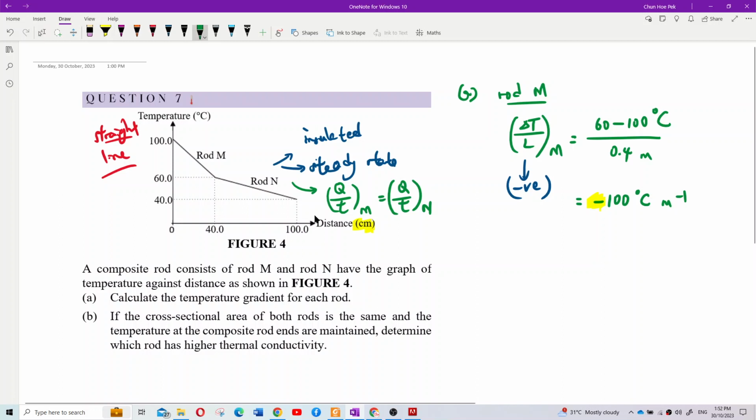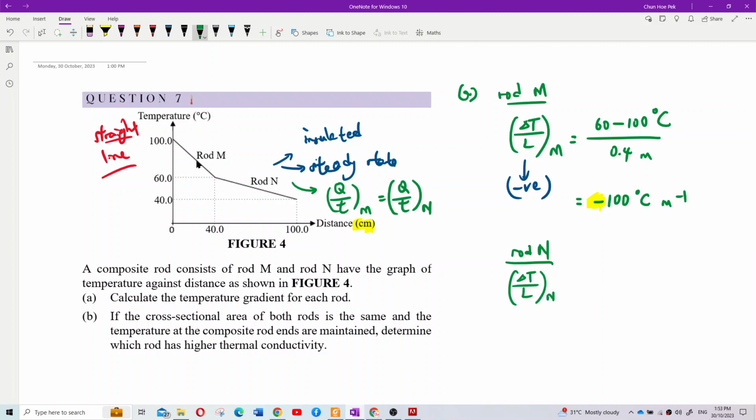Okay, how about rod N? Rod N must have a smaller gradient. This one is a good conductor, isn't it, class? Remember, N is a good conductor. M is a bad conductor. So find the temperature gradient.